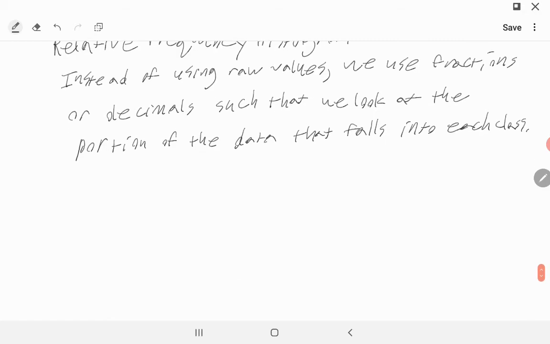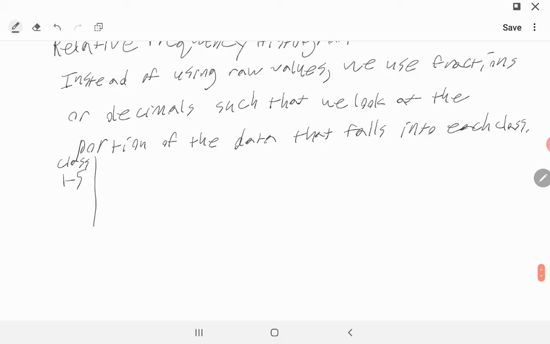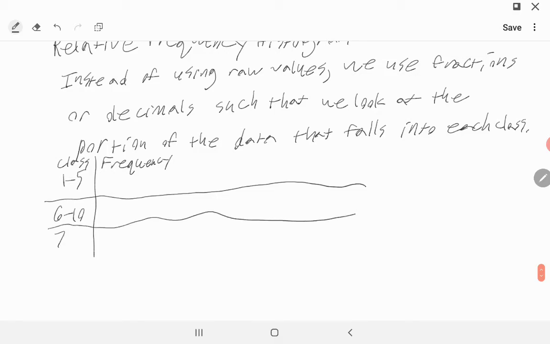So what does that mean? We notice that if we were given, let's stick with the same old 1 to 5. So class 1 to 5, frequency. So we'll have 1 to 5, 6 to 10, 11 to 15, 16 to 20.